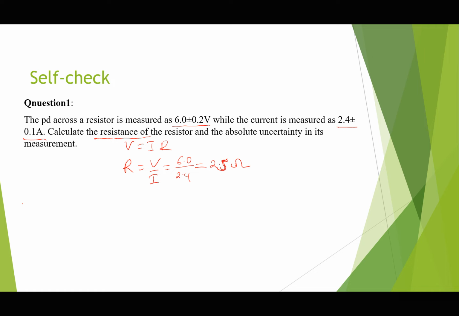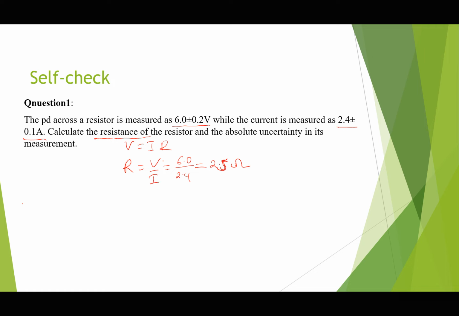And then we now want the absolute uncertainty in R. We have been given absolutes in each of the quantities, but here this is division. The rule says when you're multiplying or dividing quantities, you sum up the absolute uncertainties. No, not the absolute uncertainties.